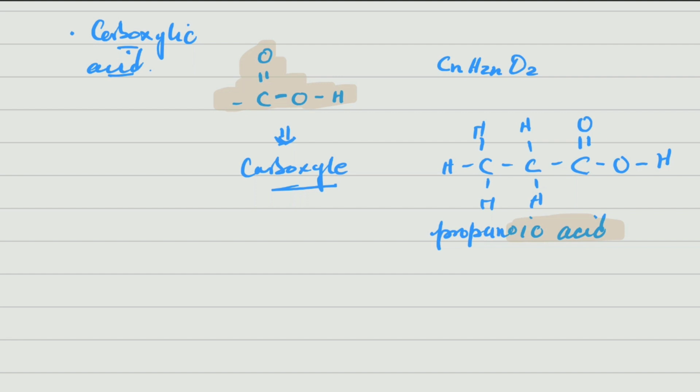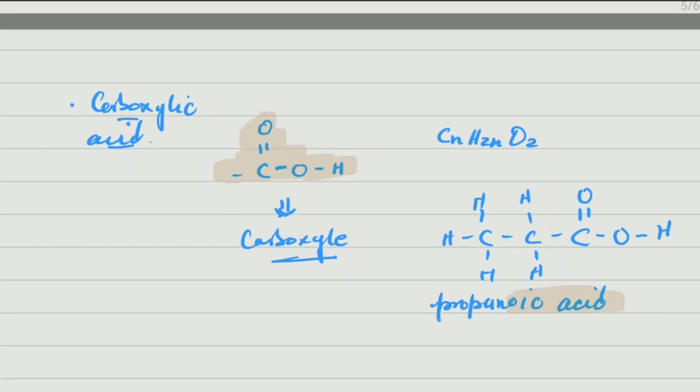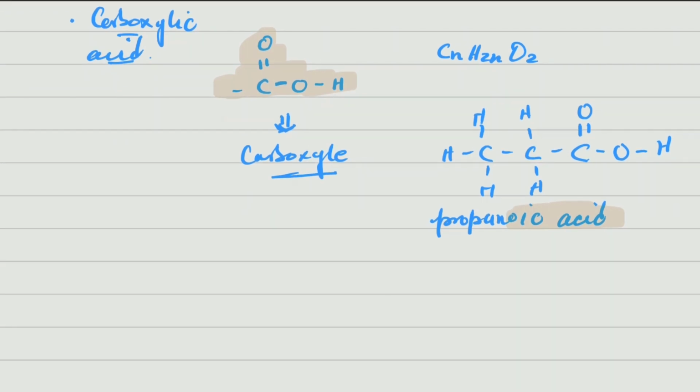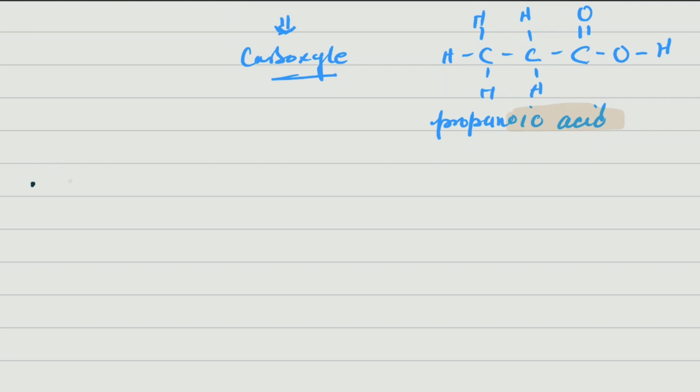There are more, obviously. I'm just using the same example for each of them so you can see the same compound with different homologous series or different functional groups. So let's go to the very last homologous series, but there will be a video just for this one. This one is esters. Now, the esters have a functional group of a carbon which is double bonded to oxygen and single bonded to oxygen.